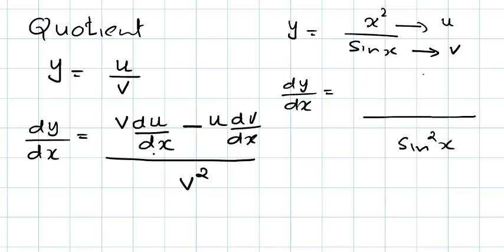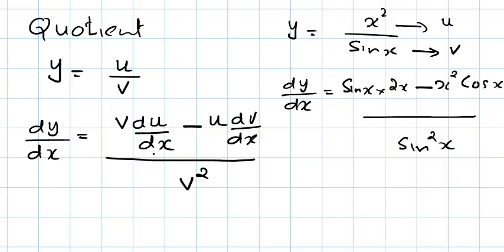On the top you start with v, which is sin x, into the derivative of u, which is x square, so that will give you 2x. Then put the minus sign, then write x square, that is your u, into the derivative of sin x, and the derivative of sin x is cos x. So that is our answer, 2x sin x minus x square cos x by sin square x.